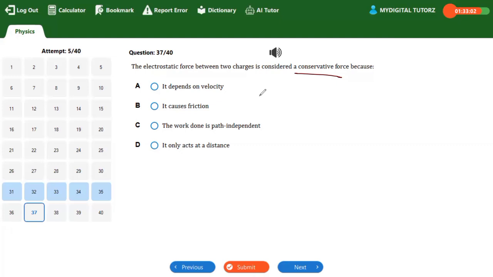For instance, if you are moving a charge from point A to point B along a straight line, or through a zigzag pathway, or through a curved pathway from point A to B, the work done does not depend on how you move. It depends on the condition of the starting point and the ending point.